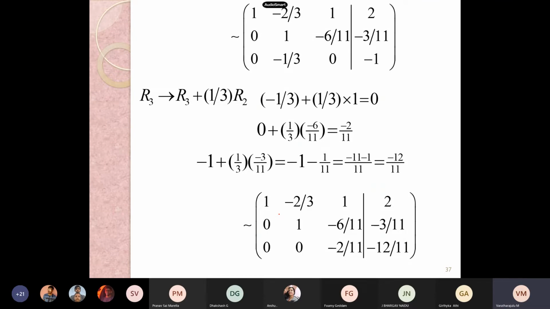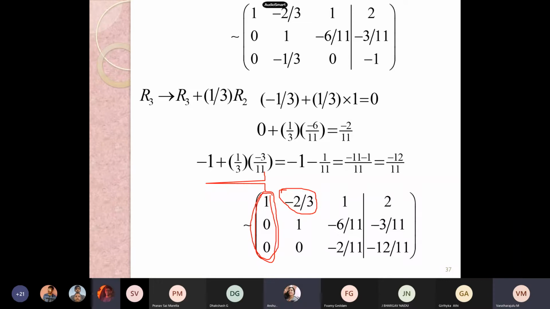By doing so, there might be changes in column 1, right? Is it so? Please unmute and tell me. We are interested in making this term into 0, but will it influence the first column? No, sir.